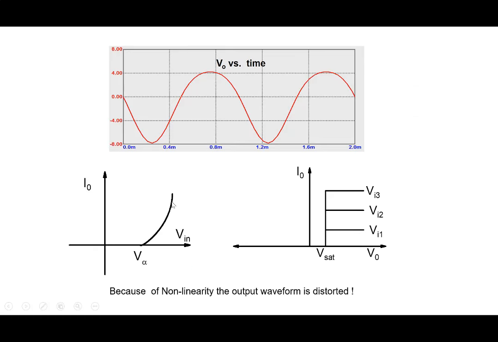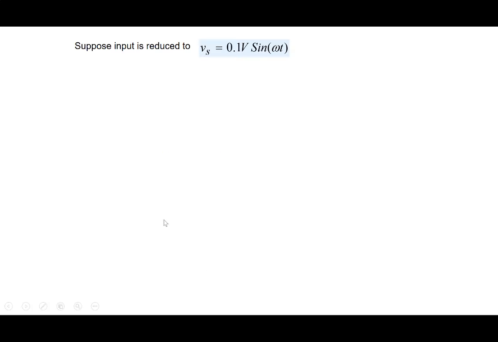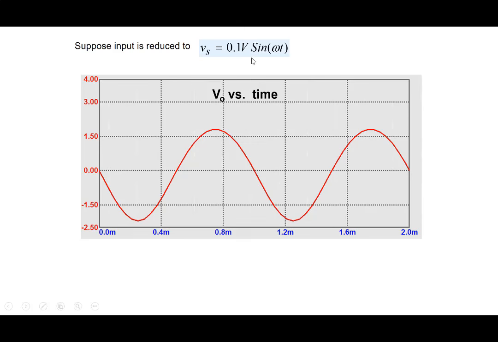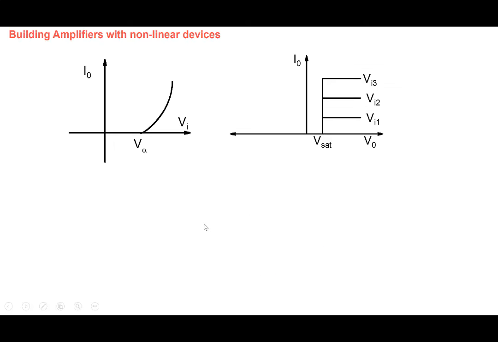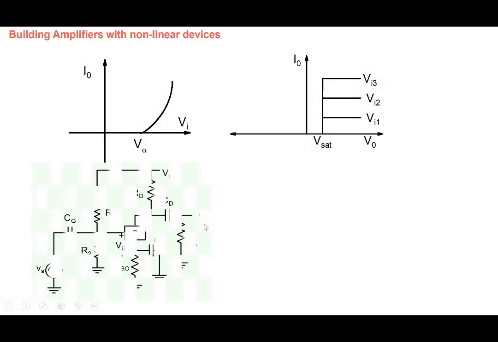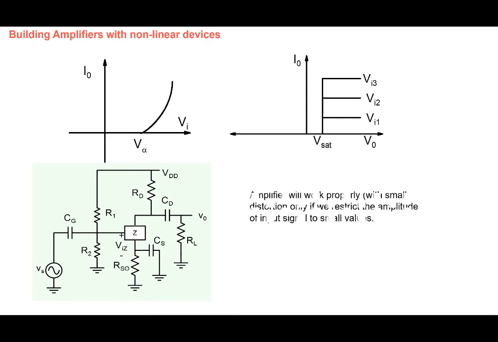So note that even if a graph is nonlinear and you are at a particular point, if you restrict your variations to a small region here, then the small region could be approximated by a small linear segment. So if the input is small, then the nonlinearity doesn't bother us so much, and we get a linear, reasonably undistorted output voltage here.